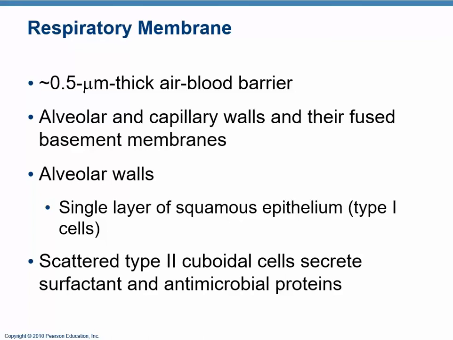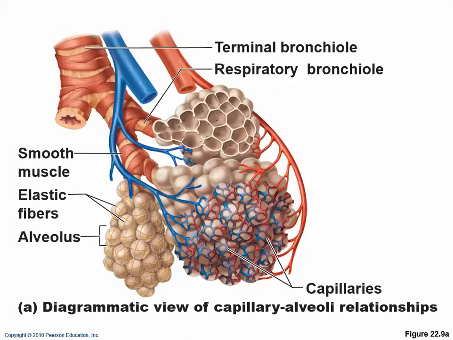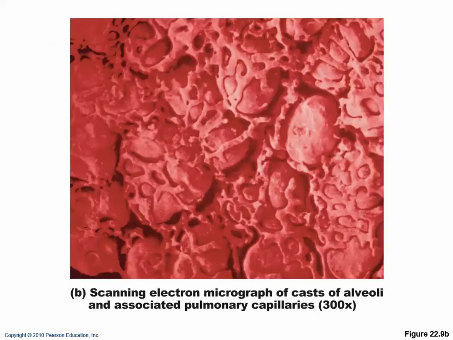It's the type 1 cells that make up the respiratory membrane. The capillaries come and surround each alveolus, like that. There's a photomicrograph of that.